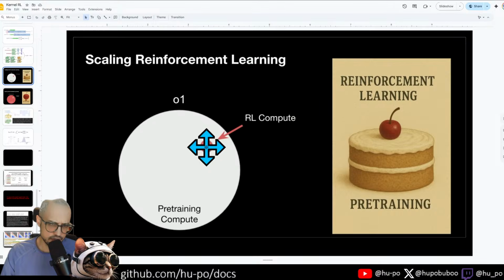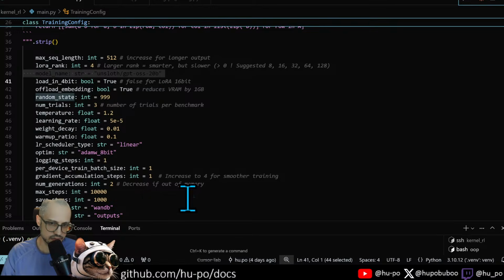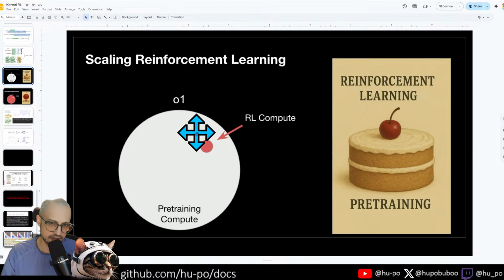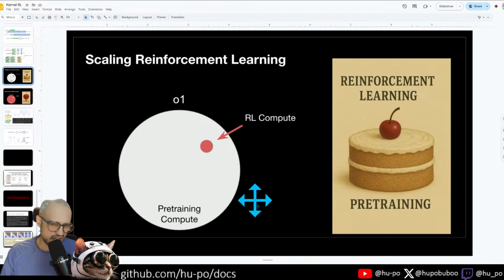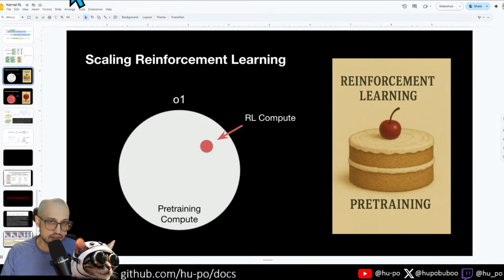And all we're going to do in this Python script is add a little bit of RL compute to a model that already has most of the intelligence.